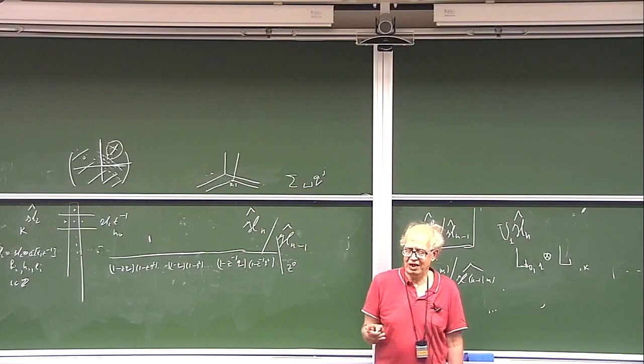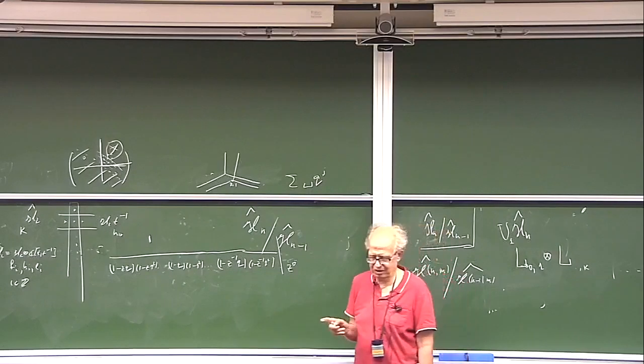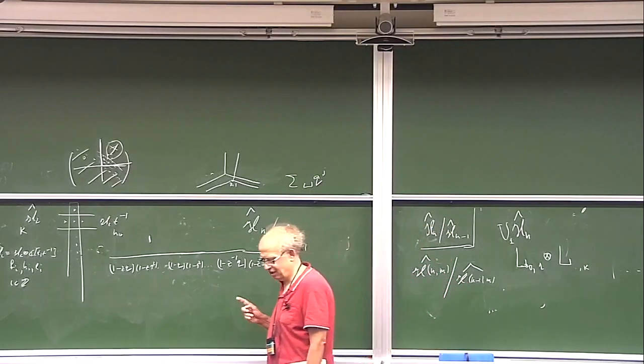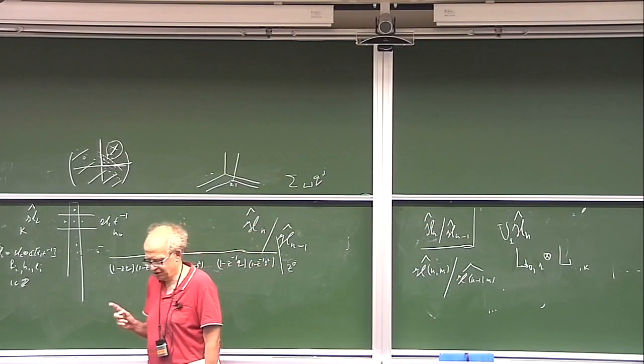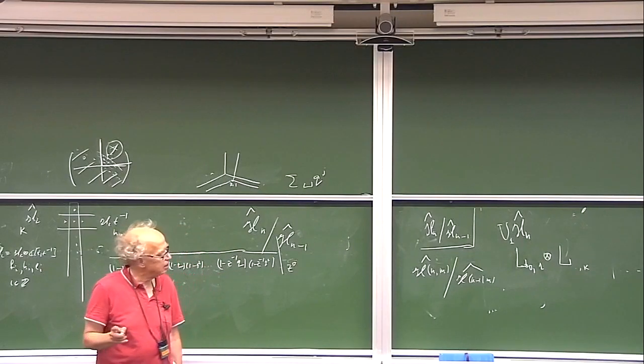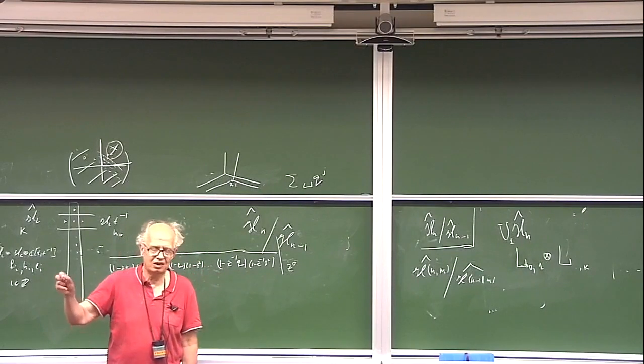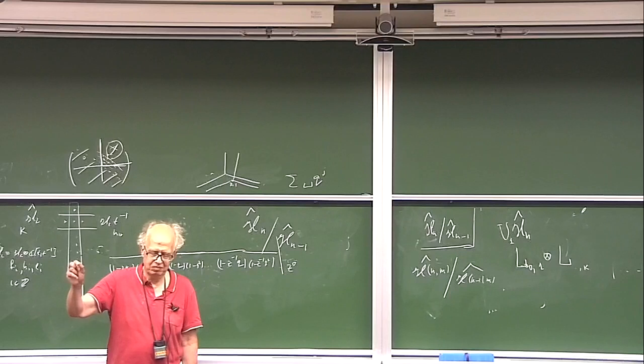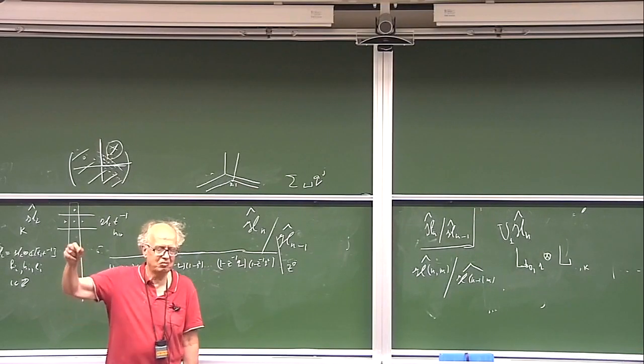And in this case, the character is just given by a plane partition where some box is not admissible, which is not on the bottom, but somewhere depending on n and m.